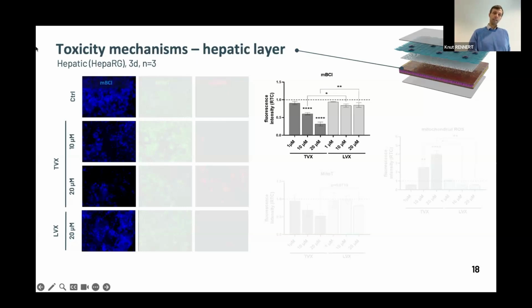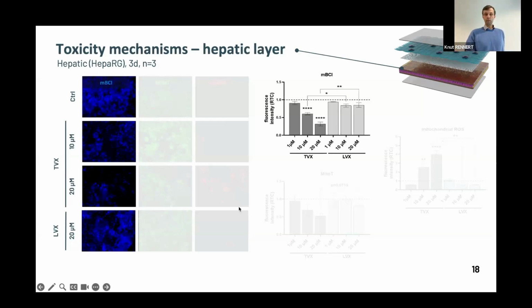We stained the liver-on-chip model with monochlorobimane. This gives you, in this case, a blue signal. And you see with increasing concentration of trovafloxacin, this signal decreases, compared to levofloxacin, where it's more or less the same as the control.